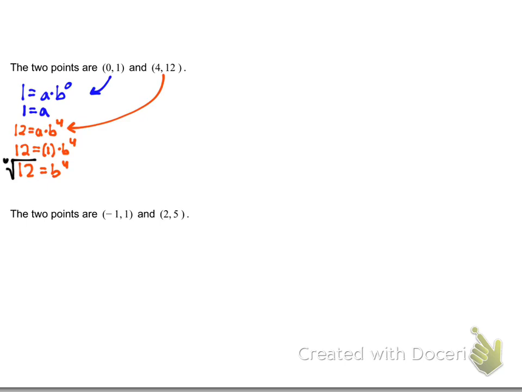We're going to have to take the 4th root of 12, and I can't do that by hand, so I'm going to leave it as the 4th root of 12. That's actually the exact answer. If you plug it in for a decimal, you get a rounded or approximate answer, and the exact answer is the best way to write that there. So since a is 1, our function is the 4th root of 12 to the x power.